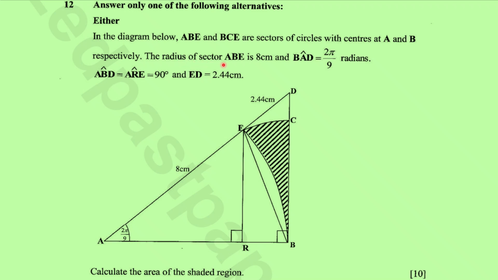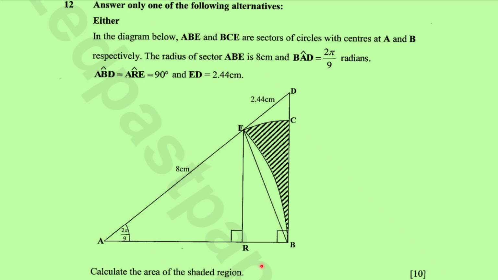The radius of sector ABE is 8 centimeters and angle BAD equals 2 pi divided by 9 radians. Angle ABD is equal to angle AED, which is equal to 90 degrees, and ED equals 2.44 centimeters. Okay, so this is the diagram. The question that was asked was: calculate the area of the shaded region.